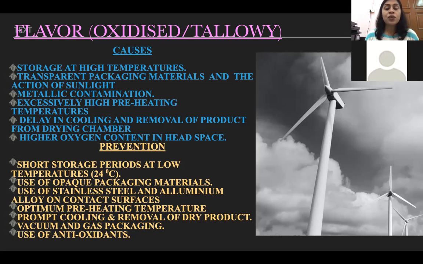Which gas do we use? Inert gases, ma'am. Like for example, which element? Nitrogen. Okay. Another way of controlling oxidized flavor is use of antioxidants. Clear? Any confusion in this slide? Otherwise, I'll move to the next slide.